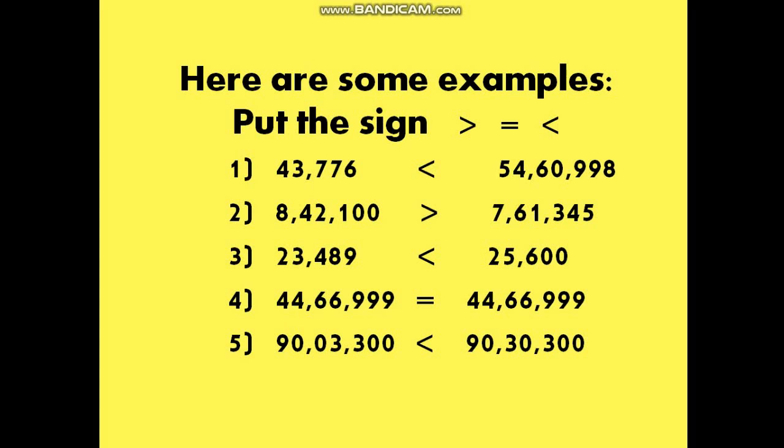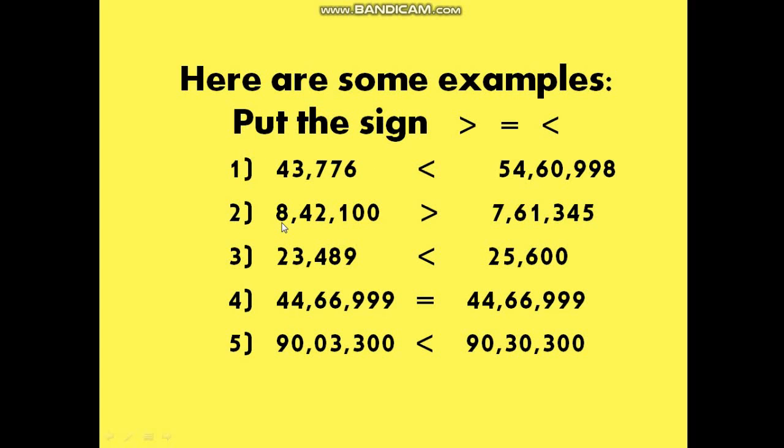And then another number is 54,998. Look at the digits. Here the digits are more. So this number is a greater number, and the crocodile's mouth is opening here only.